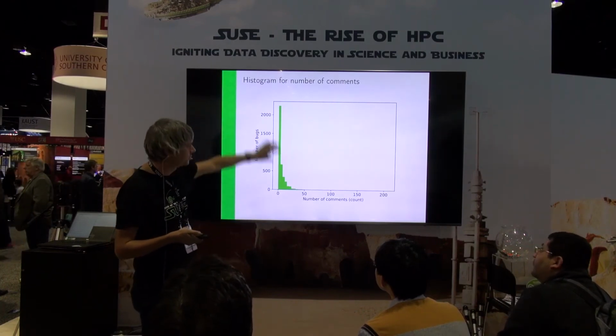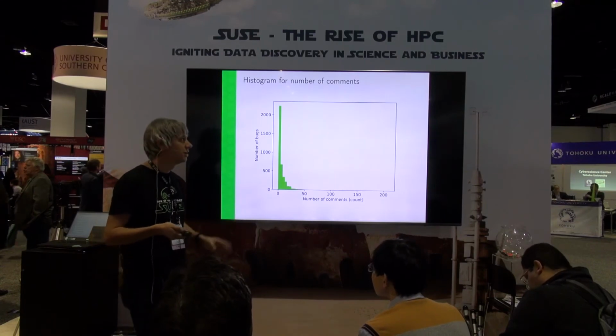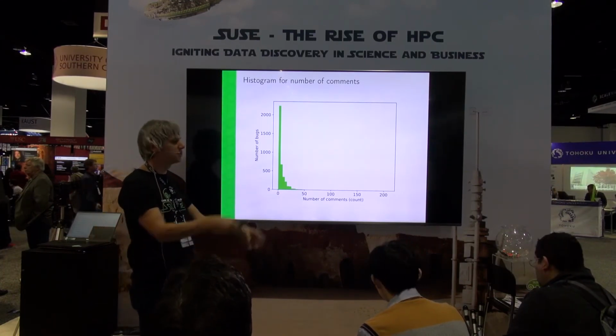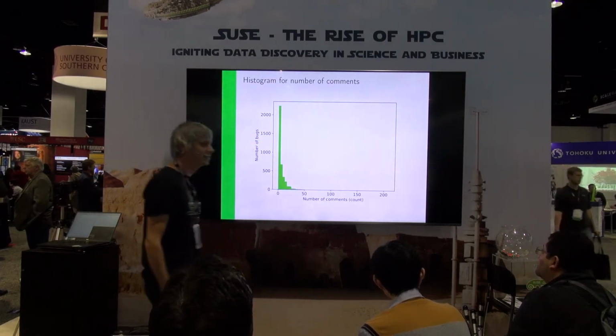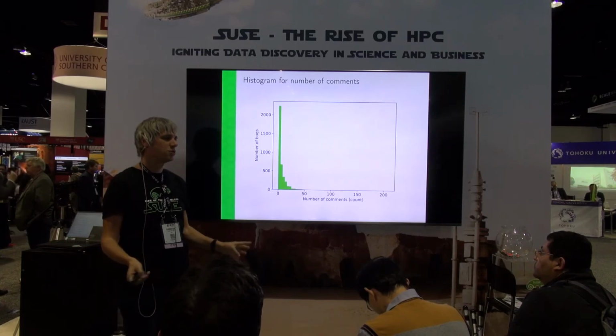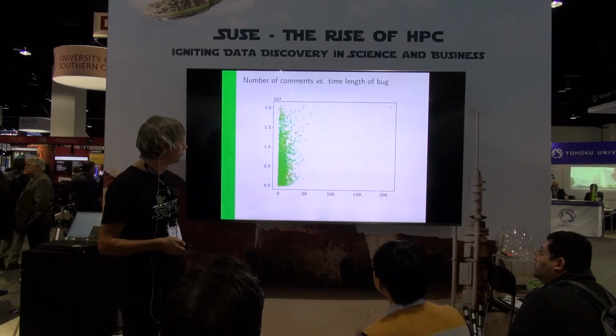It's a typical 1 over X distribution, which is what I would expect, because from your own perspective, you know these outliers where at the 100th comment, nobody knows what is really going on. You just drop in another comment.